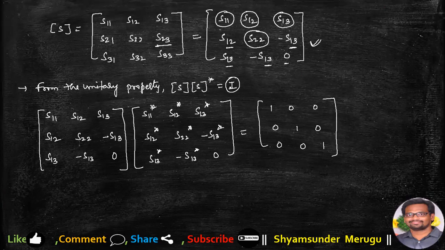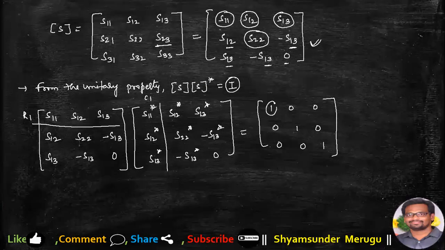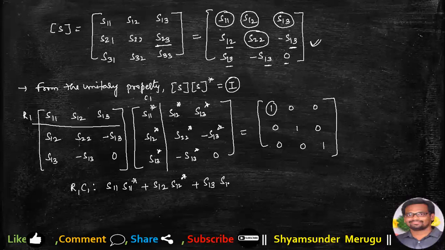Now from the unitary property, if we multiply row 1, that is R1, with column 1 of the second matrix, it will give the result as 1. So by multiplying row 1 and column 1, we see that S11 multiplied with S11 conjugate plus S12 multiplied with S12 conjugate plus S13 multiplied with S13 conjugate will be equal to 1.